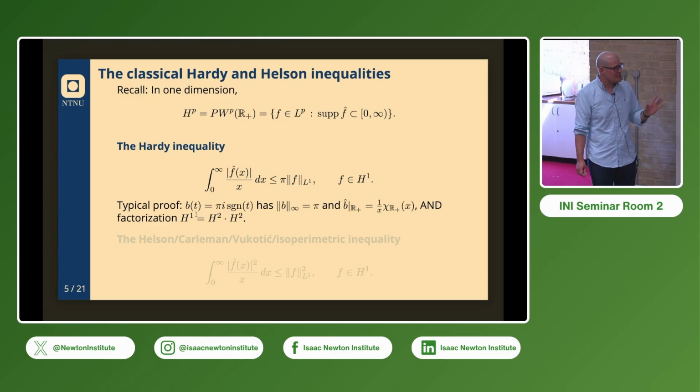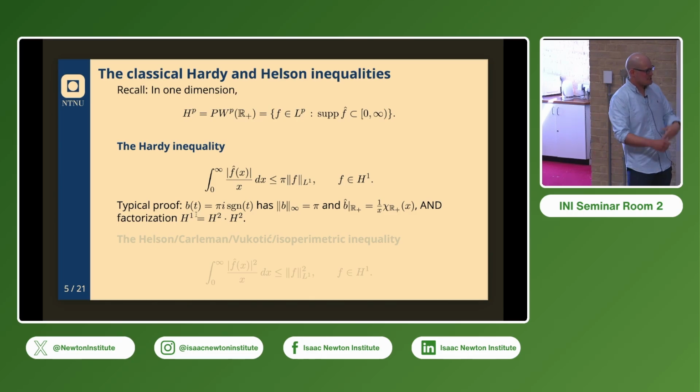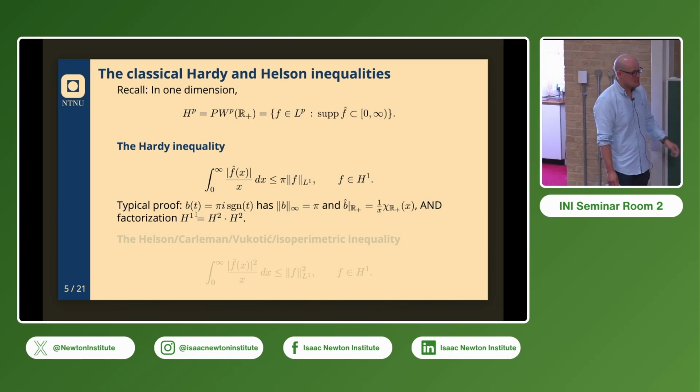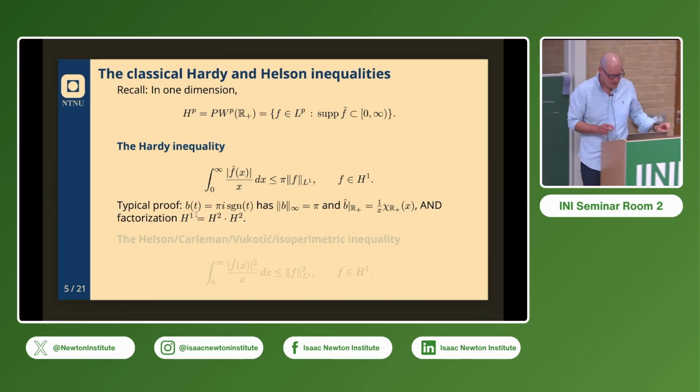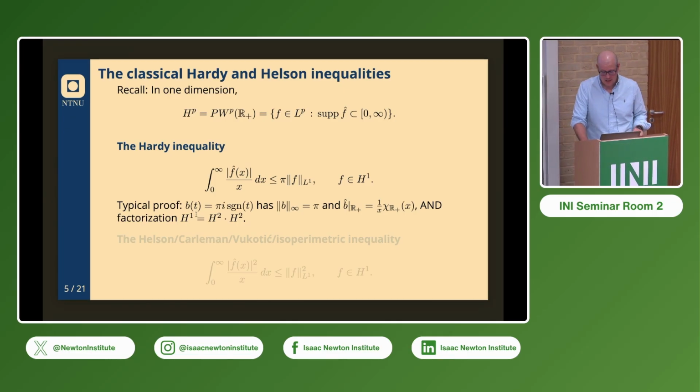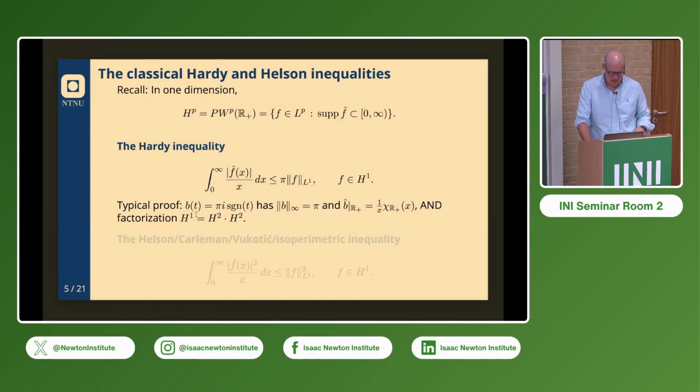But that's a deep Hardy space fact, and for the spaces that I'm interested in, we do not know if that is true. I said that there were unknown things about the Hardy space, and that's one of the main issues, whether that kind of thing survives. So this factorization is not something we have available, but that is the typical proof of the Hardy inequality.